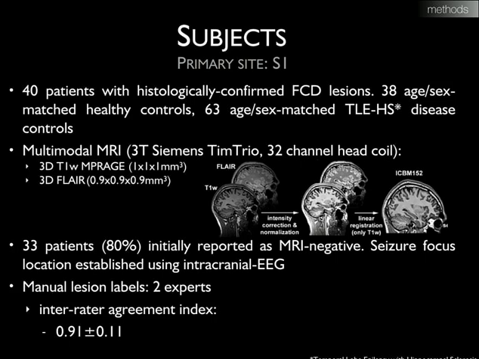We collected multimodal isotropic data with 2 contrasts, T1-weighted MP-RAGE and 3D FLAIR. We had minimal pre-processing. We had FLAIR and T1, which went through intensity normalization, inhomogeneity correction and normalization, followed by linear registration of T1 to the MNI 152 template, and then FLAIR is registered to that T1 template. And then we do the skull stripping.